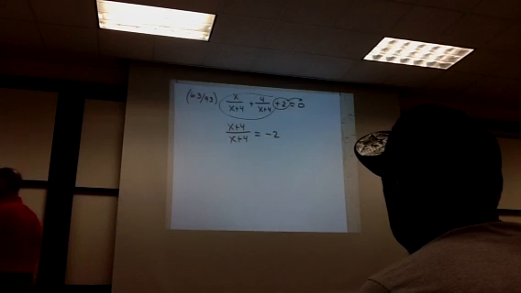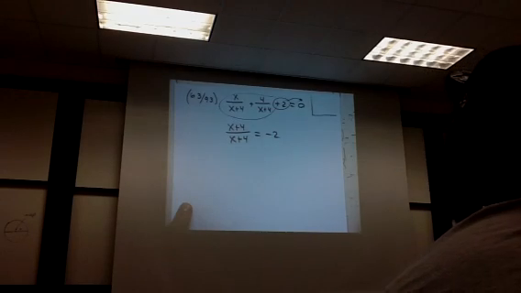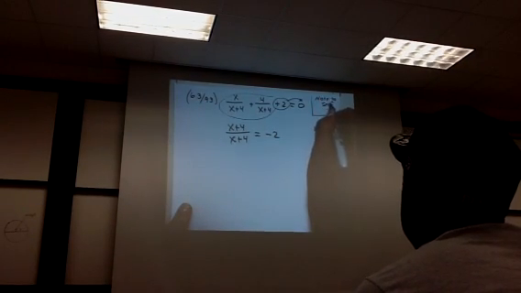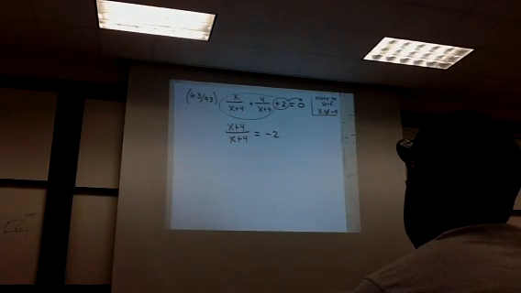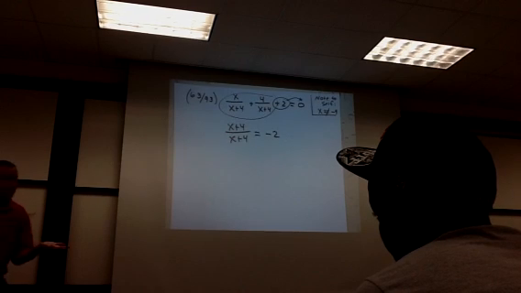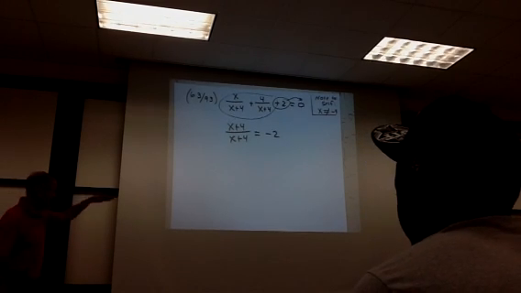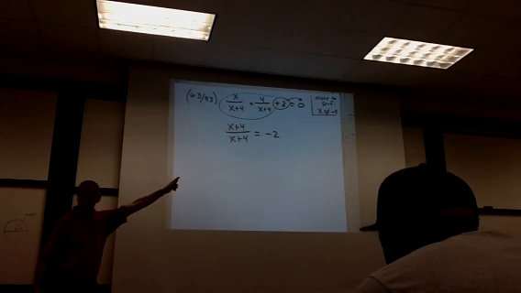So here's what I better do. I better put a little note over here to myself. X is not equal to -4. Okay? And do you know why I do that? Because if I get to the bottom of my solution and it says x equals -4, I go, wait a minute, x can't be -4.